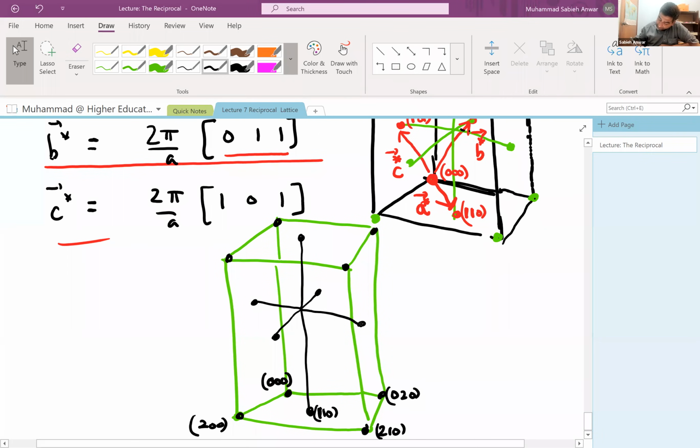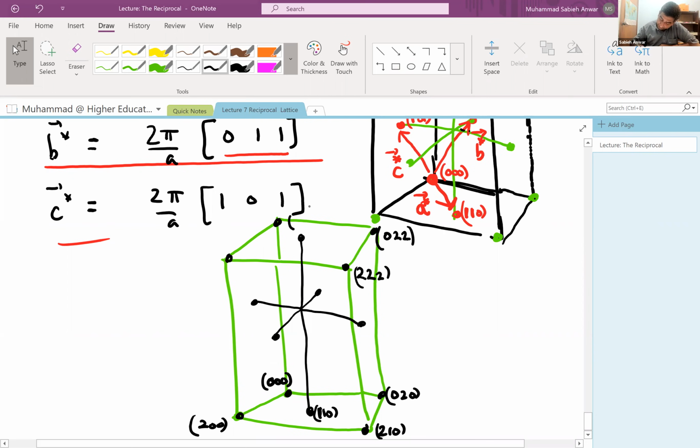Here I will have, so let's first finish off the edges. This is going to be 2, 2, 2. This is going to be 0, 2, 2.